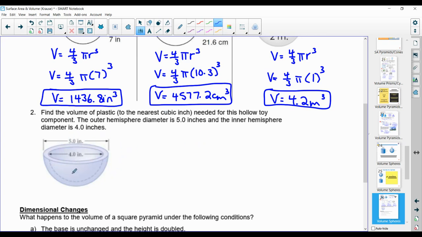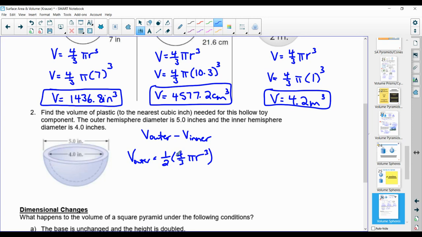So if we want to find the volume of the hemisphere, that's half of a sphere. Ultimately what we're going to do is take the volume of the outer minus the volume of the inner. And so we have the outer being 1/2 times 4/3 pi r cubed.